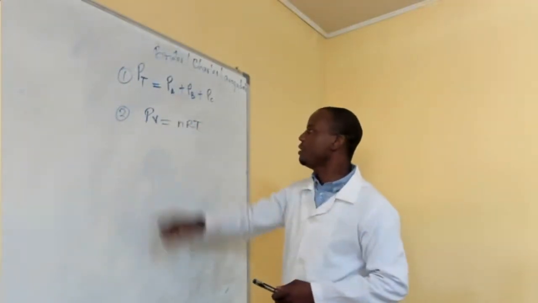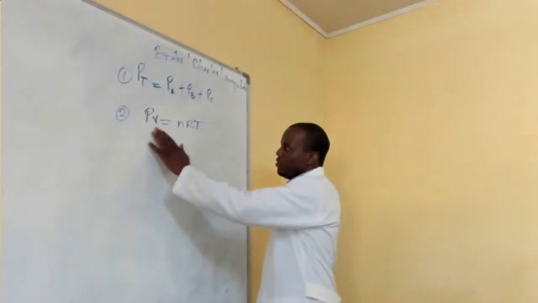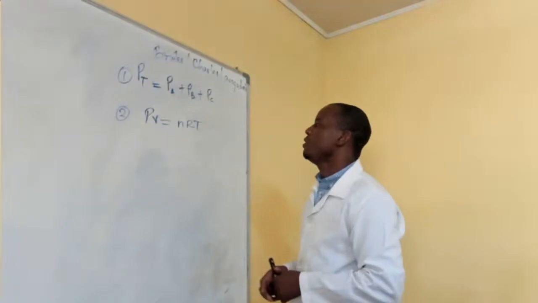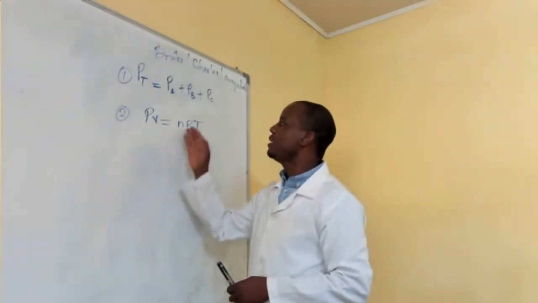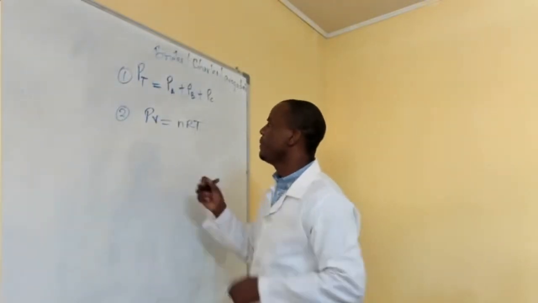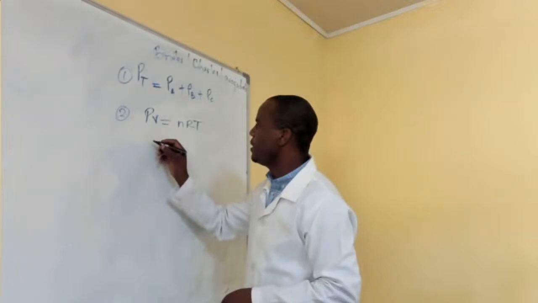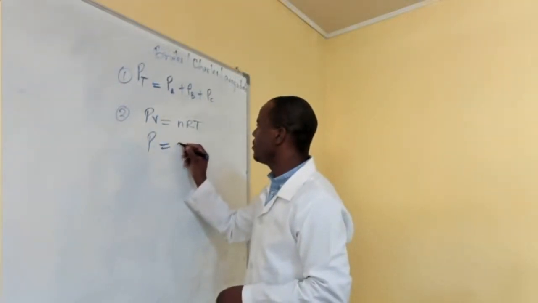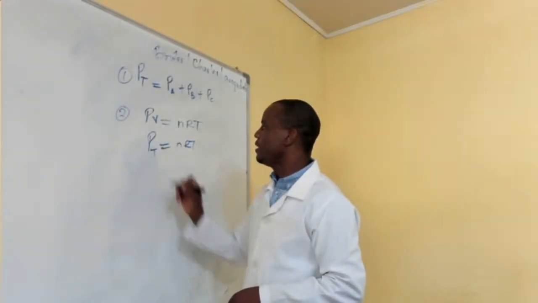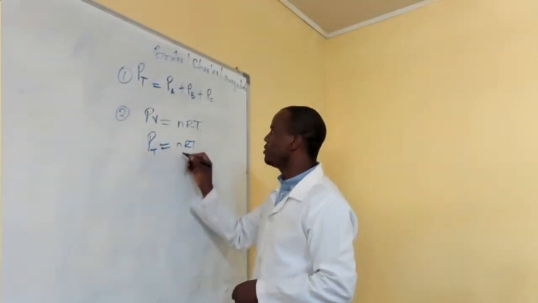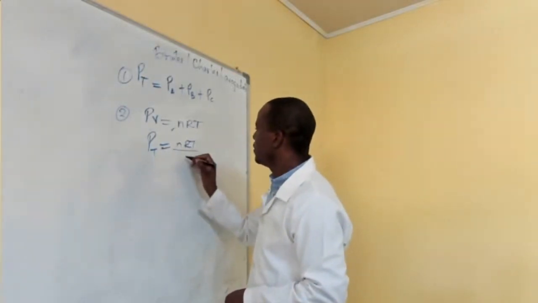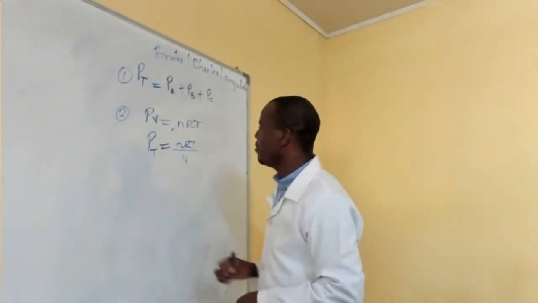Now, using the ideal gas equation, we can calculate the total pressure within the mixture because we already have the formula here. Therefore, if we solve for pressure, P is equal to nRT over V. Now, if the pressure is the total pressure, then the number of moles will also be the total number of moles.